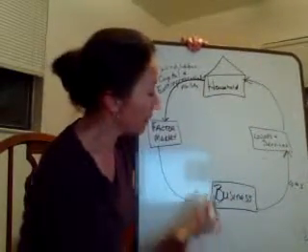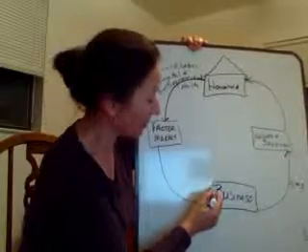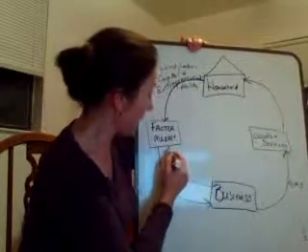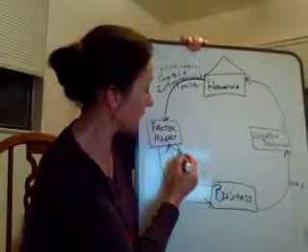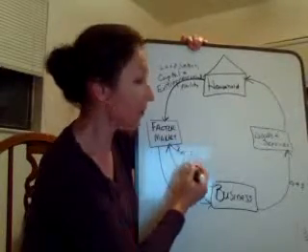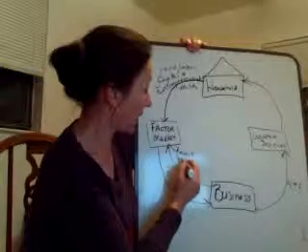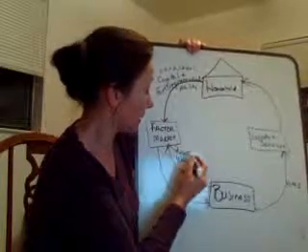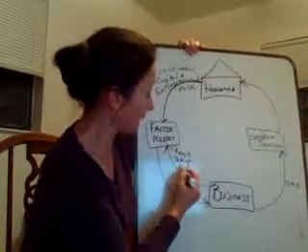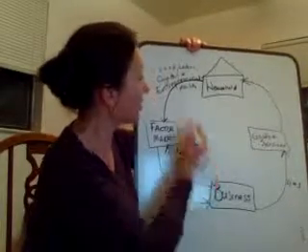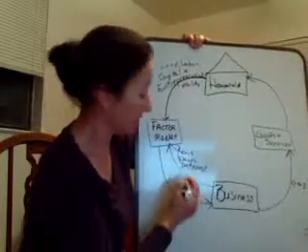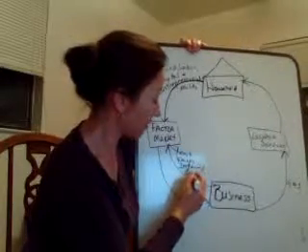Now, businesses, when they buy land, labor, capital, and entrepreneurial ability, they pay for these resources. Land's payment is called rent. The payment for labor is called wages. The payment for capital is called interest. And the payment for entrepreneurial ability is called profit.